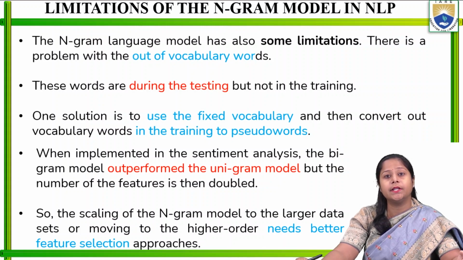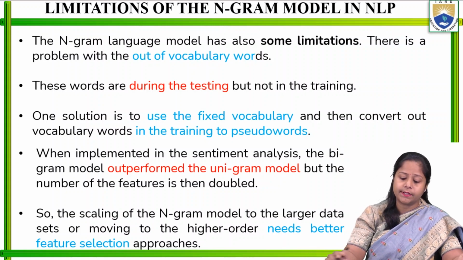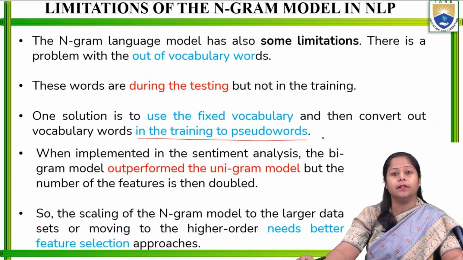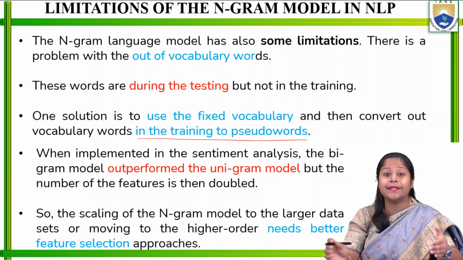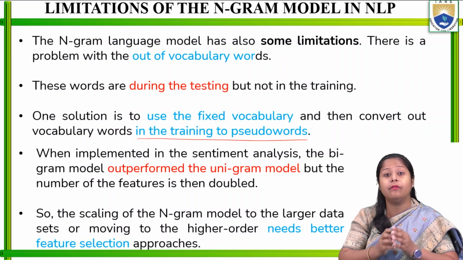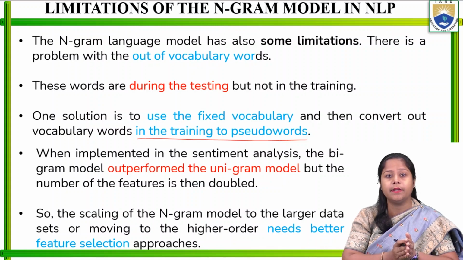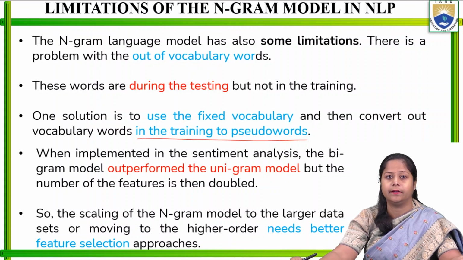So one solution is to use a fixed vocabulary, where we convert the out of vocabulary words in the training to pseudo words. Whenever we have words that cannot be identified by the language model, we fix that particular pseudo word as a vocabulary in the particular model in the training set.